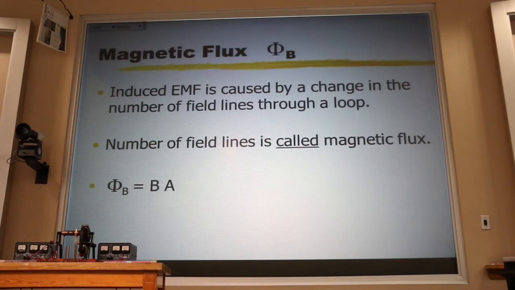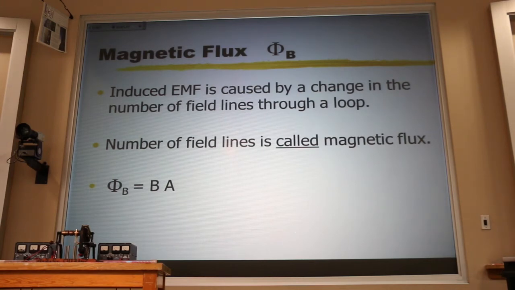Let me see if I can motivate that formula. We use magnetic field lines to represent where the magnetic field was strong and where it was weak. It was the density of field lines that told us the strength of the magnetic field.